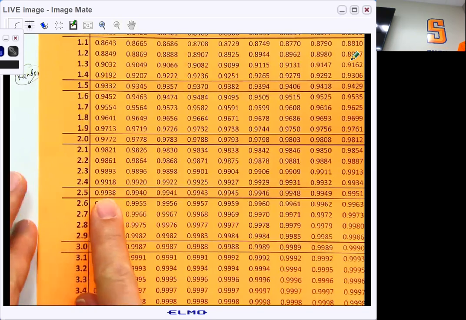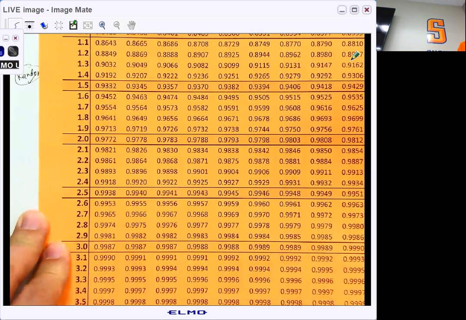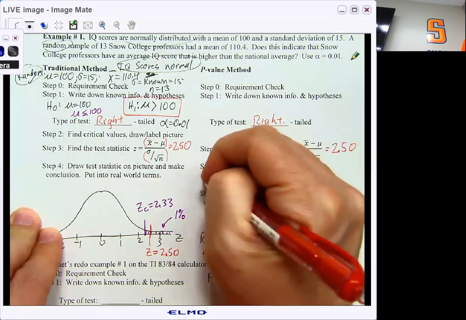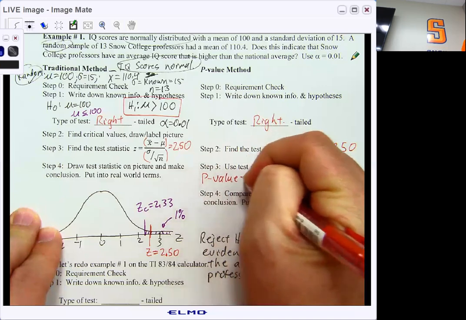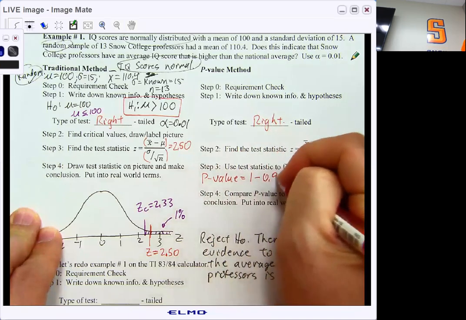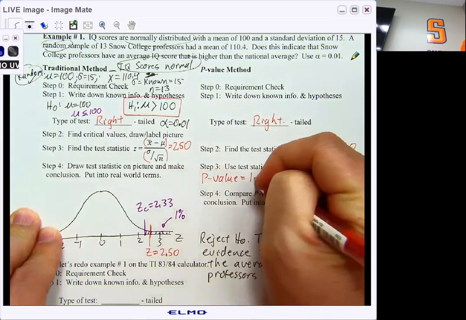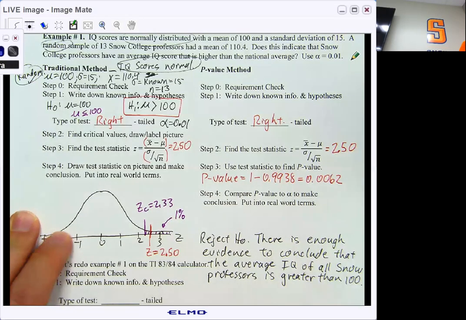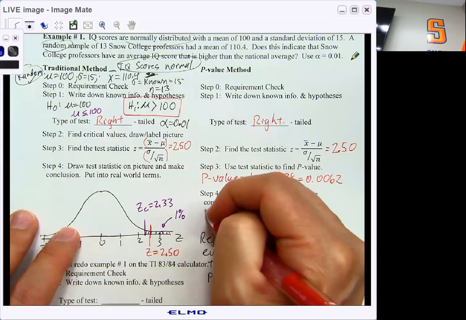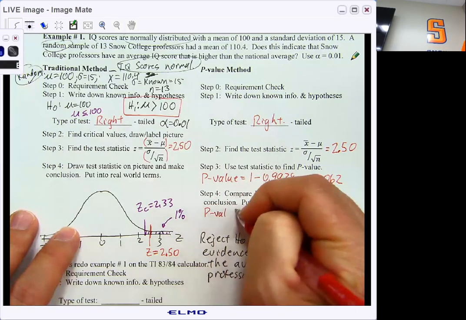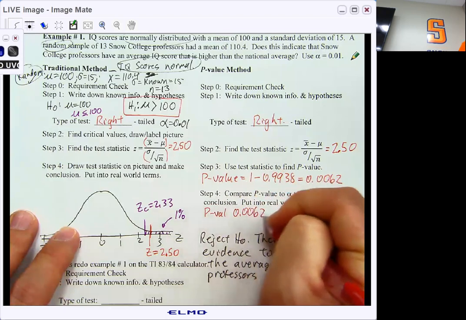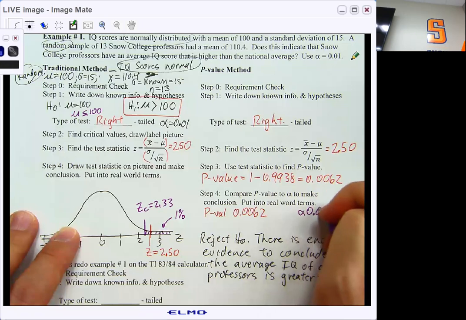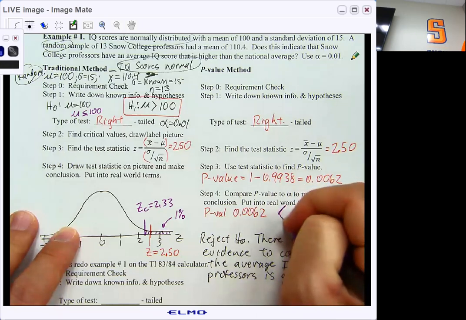So the area to the right would be 1 minus that. So our p-value would be 1 minus 0.9938, which is 0.0062. If we compare our p-value of 0.0062 to our alpha of 0.01, we see that the p-value is less than alpha.